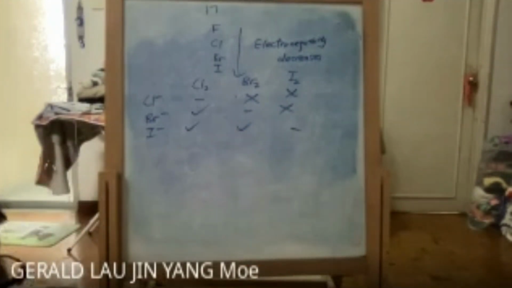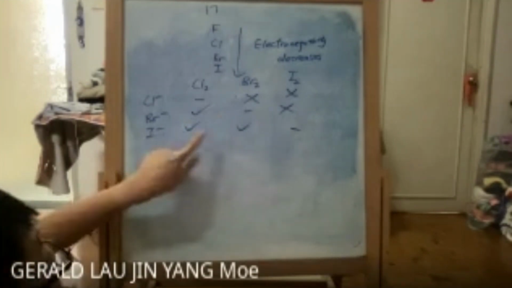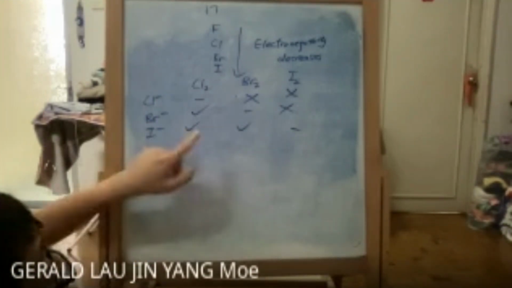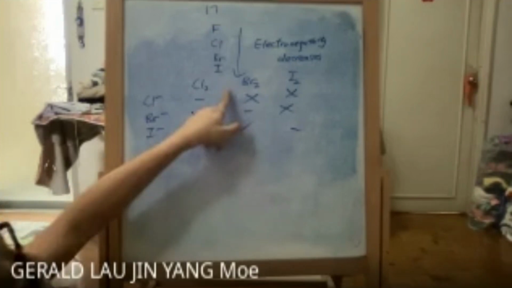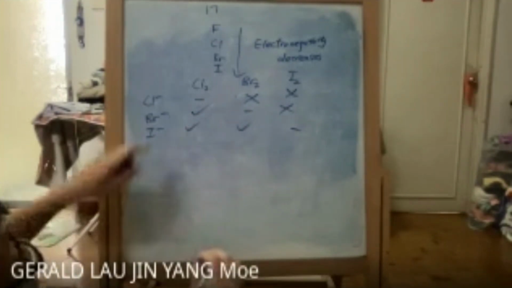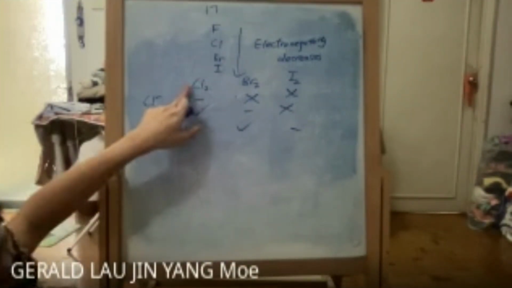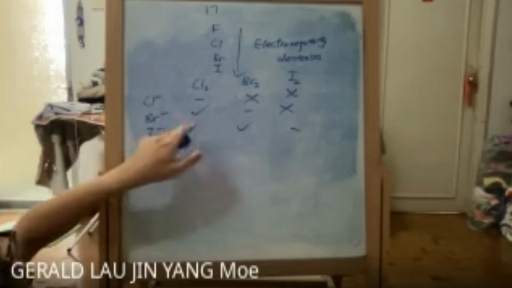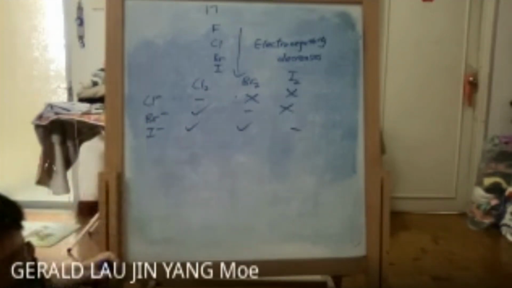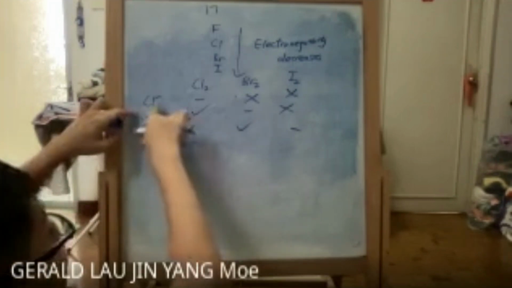Yes. Now you look at the yes reactions. Chlorine displaces bromide, you will form the bromine halogen inside.